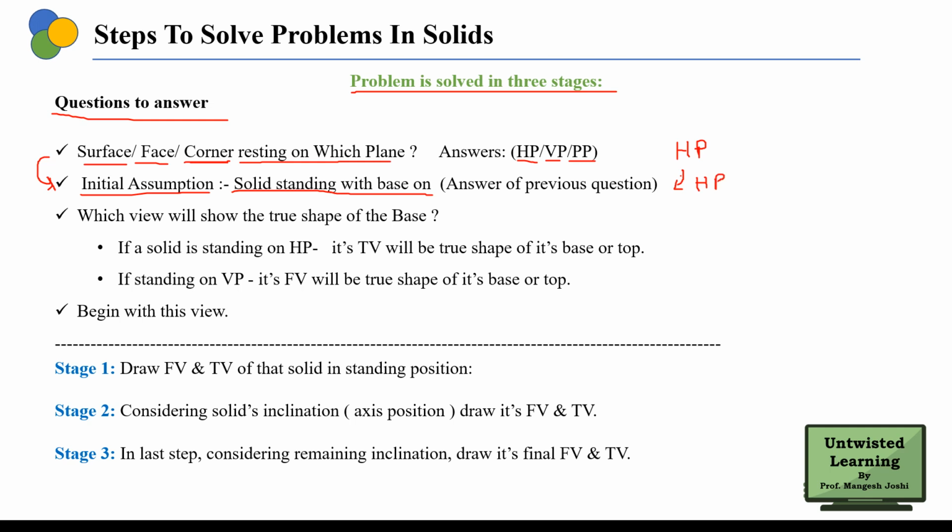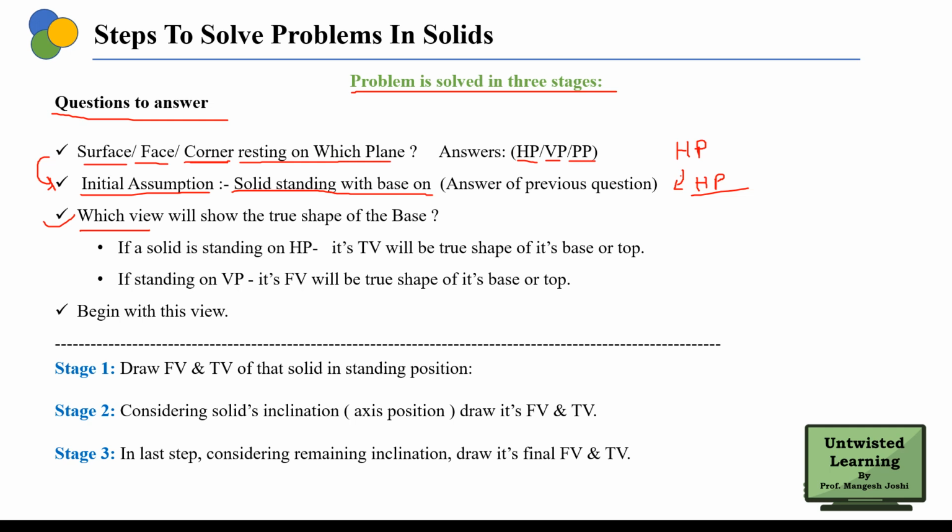Just try to imagine. The third question is which view will show the true shape of the base. If you can, keep a cone on your table and try to imagine that if it is on HP, which view will show the true shape of the base.